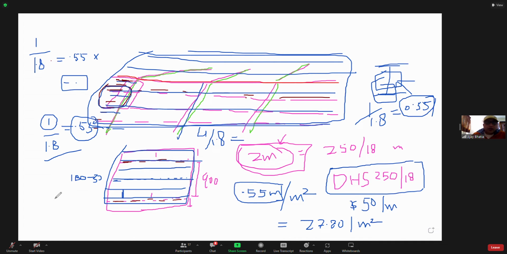Then you divide 1 by it. So 180 minus 32 is how much? 148. So 1 divided by 0.148, and you get some number over there.